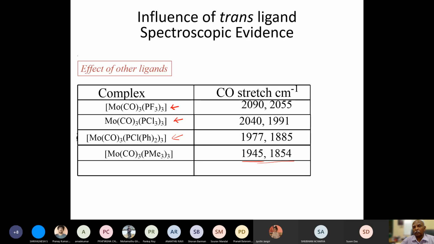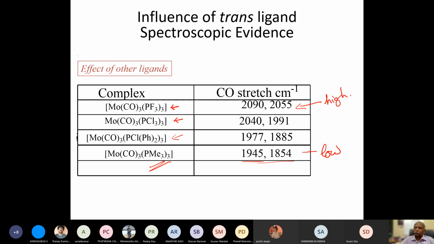So PF3 is a poor electron donor. Then the stretching frequency is high, whereas when you have PMe3, which is a very good electron donor, then the stretching frequency is very low. So just comparing the stretching frequencies, you can see that the pi effects have been shared by the carbon monoxide and the phosphorus ligands.